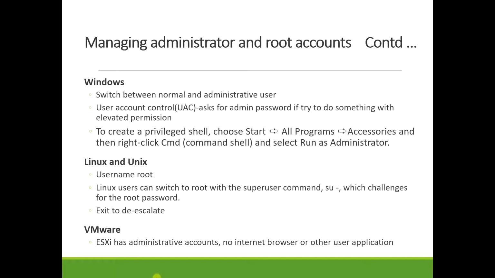So to create a privileged shell, we need to choose the Start option, go to All Programs and Accessories, then right click on CMD, that is the command shell, and select the Run as administrator option.